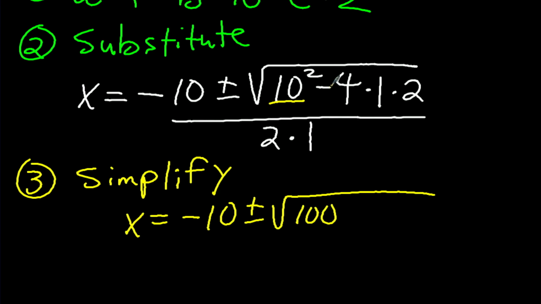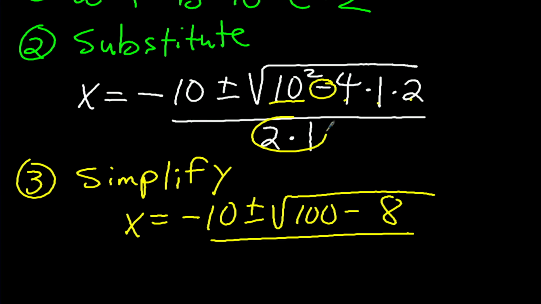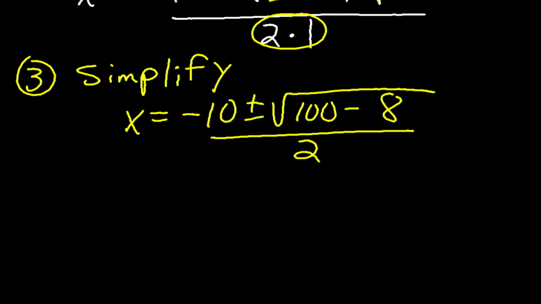And then notice our sign here, we have a negative times two positives, so the result is going to be a negative. 4 times 1 times 2 gives me 8. And that's all divided by 2 times 1, which is 2. So that's the first step in simplifying.